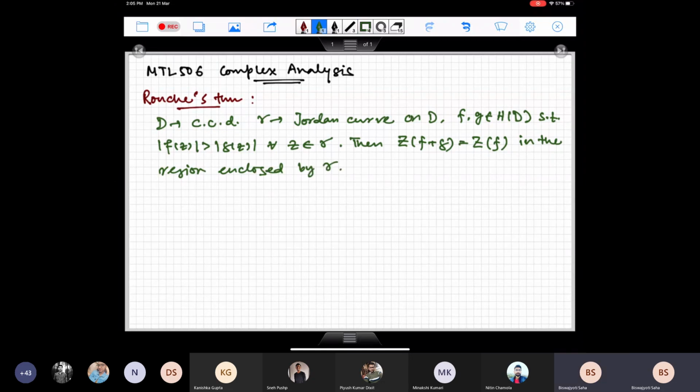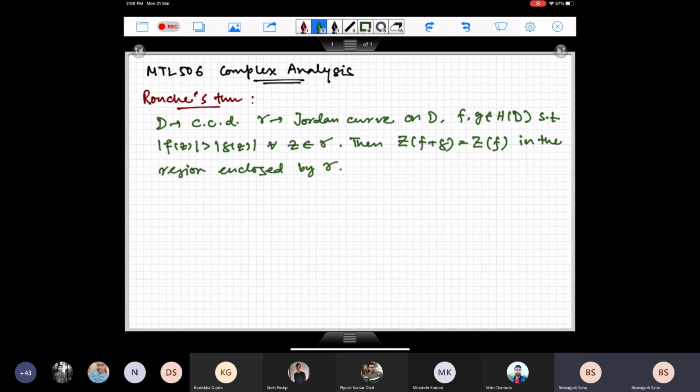Okay, so this is what we have, and now we can have a similar phenomenon over here. Of course, I also said that the zeros do not lie on gamma, but that is already ensured by this condition.